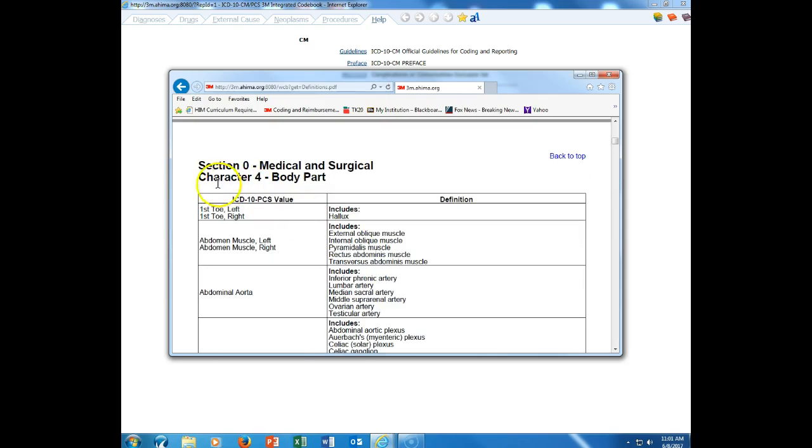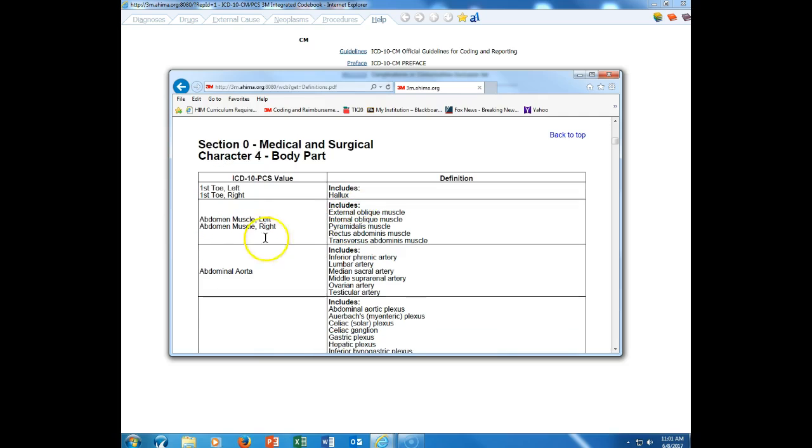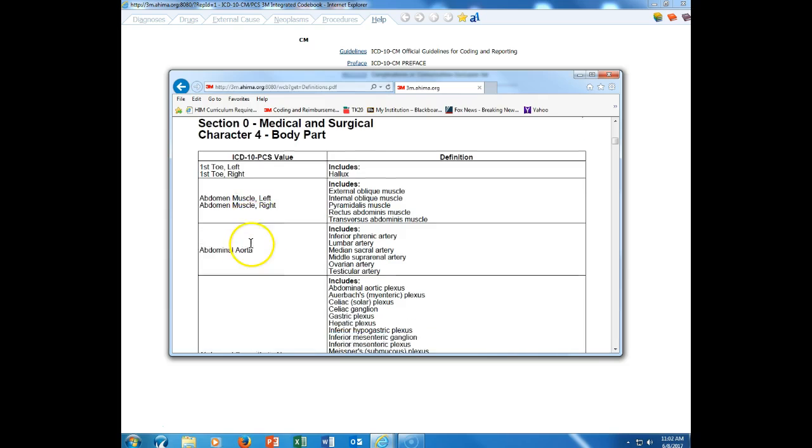And then we have body part, and for instance, the first toe left and the first toe right include the hallux. The abdominal muscles left and right include, and it tells you what these different muscles are that are included.